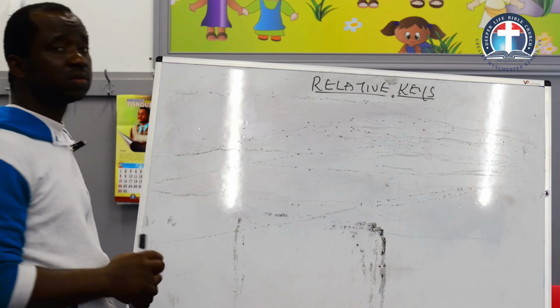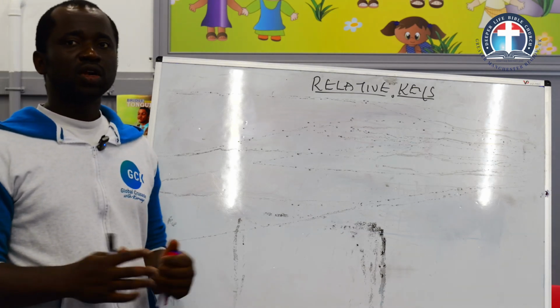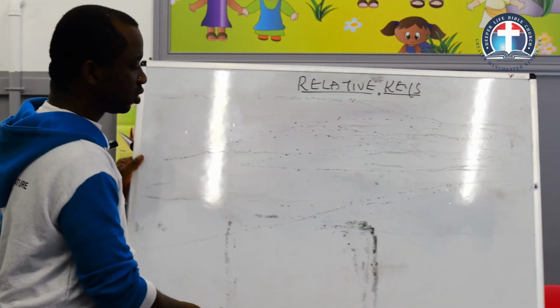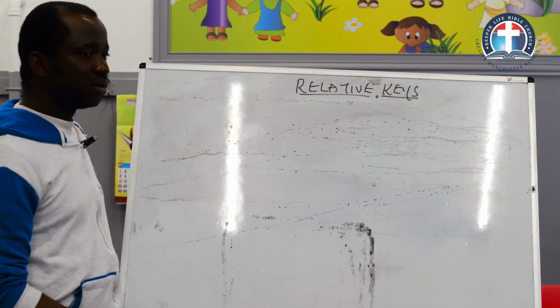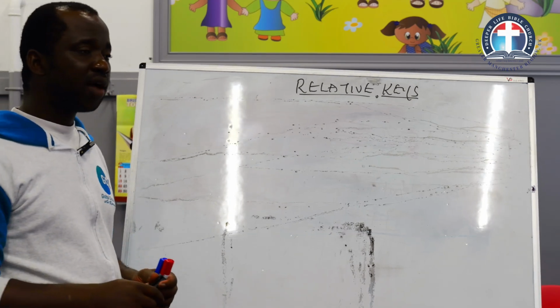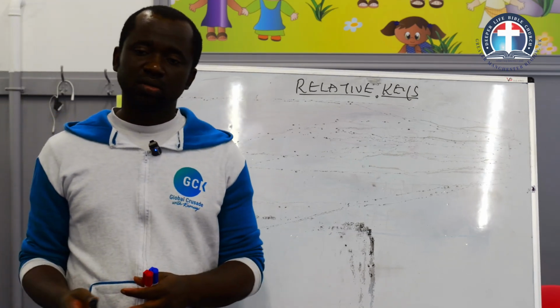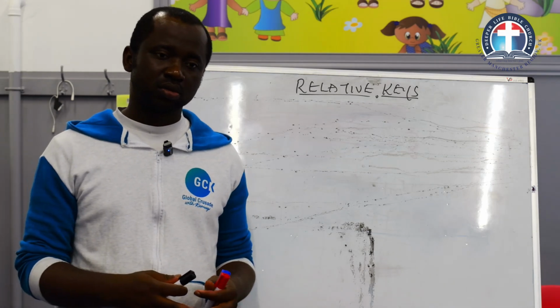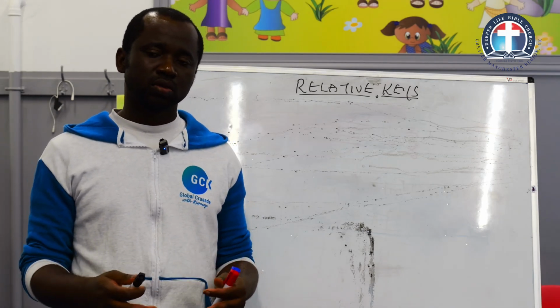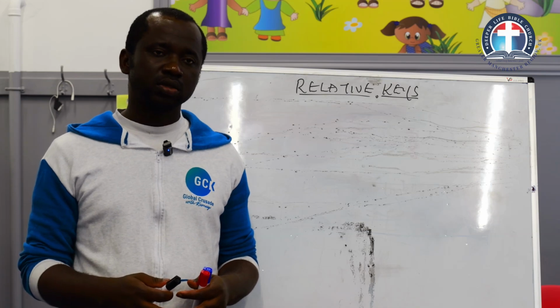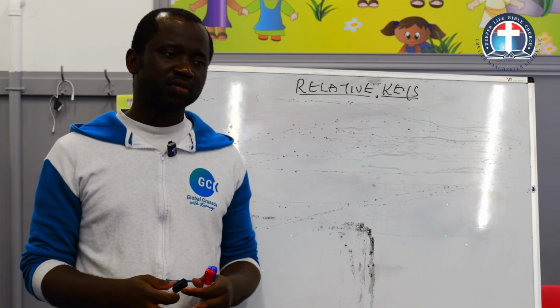Relative keys. Okay? You already understand what relative keys is all about. Okay? So we are still going to talk about minor and major scales. But it's good we introduce what a relative key is all about.